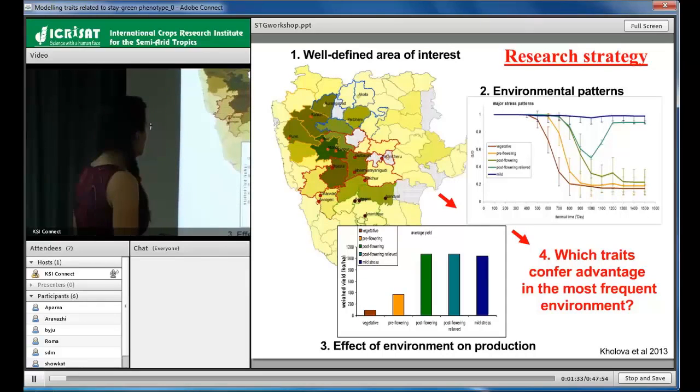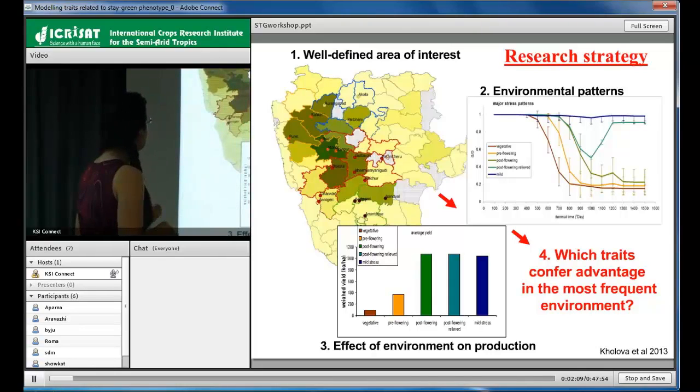So this messy slide should show our approach. First, even before starting talking about the crop, we should make clear a few questions we should ask ourselves. The first one is for which regions we actually want to breed, where our improved crop variety has to perform. In this case, these are the 3 states of India, Andhra Pradesh, Maharashtra, and Karnataka, and this represents the highest productive regions where the rabi sorghum is mostly grown.